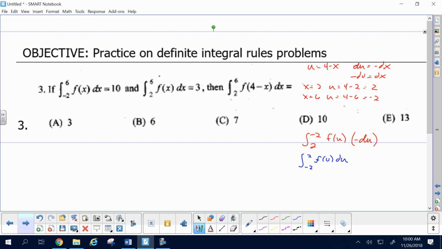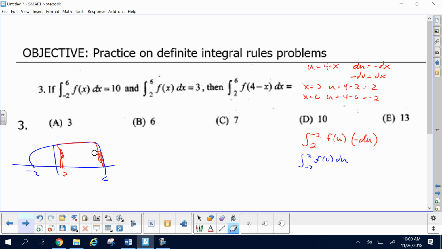And the two negatives knock each other out. You with me? Now, that said, I don't have negative 2 to 2. I have the area from negative 2 to 6. Whatever, I have no idea what the curve looks like. I cannot know. And I have the area from 2 to 6. Okay? Whatever that might be.